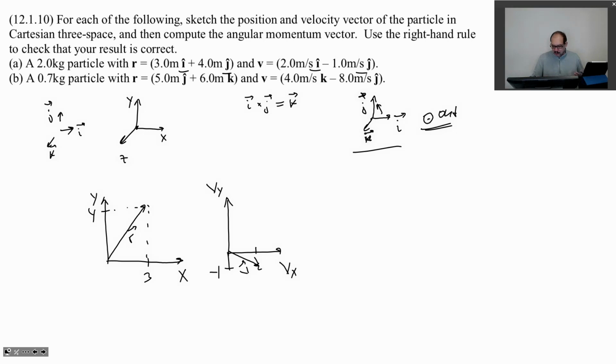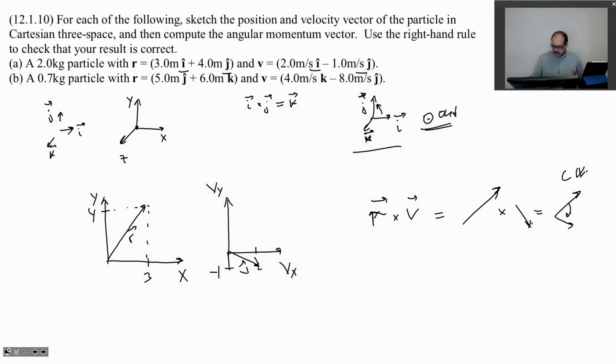If you need to calculate the cross product, which is this cross this, from r to v, direction is clockwise. Clockwise makes it opposite to k, opposite to z.